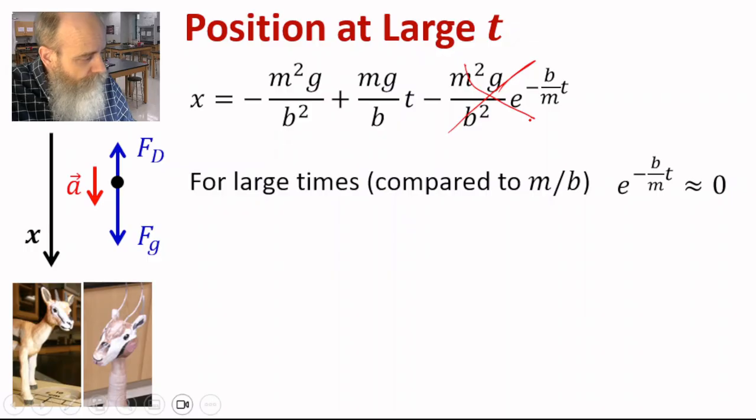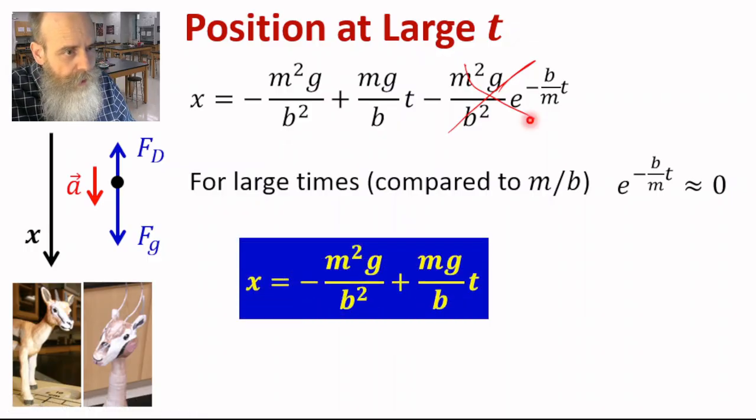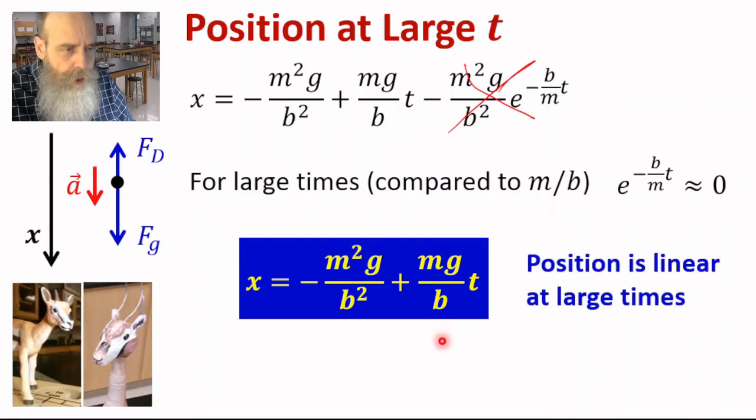And this is what we're left with. x equals negative m squared g over b squared plus mg over b times t. This is a linear function. The position is linear at large times. If we have a linear position function, then we will have a constant velocity, and that's what we expect. At large times, we have a constant velocity. So this makes a lot of sense.